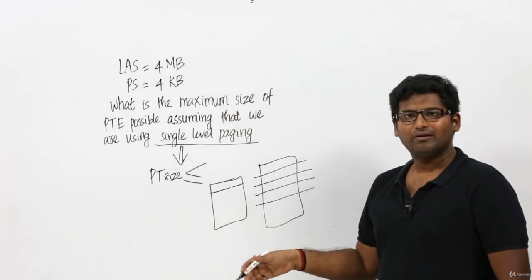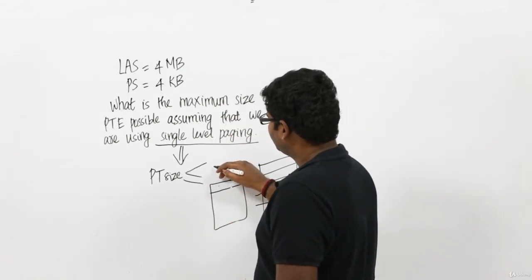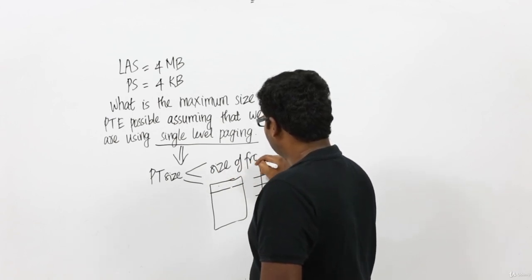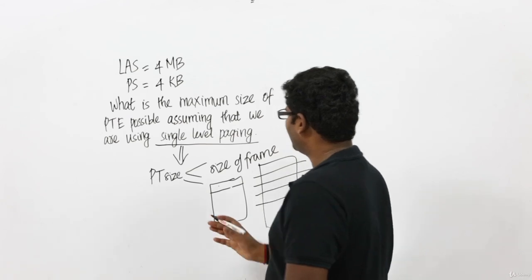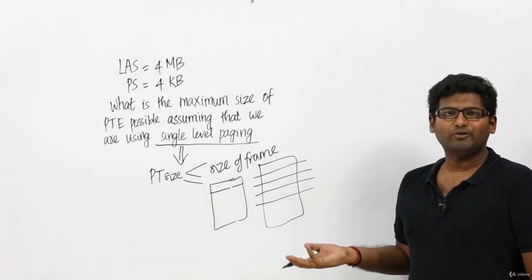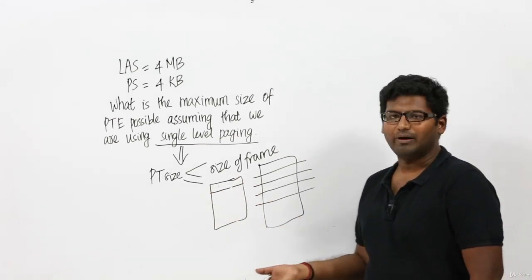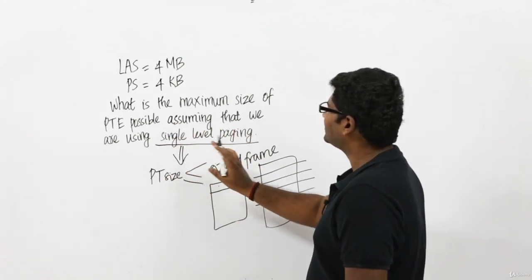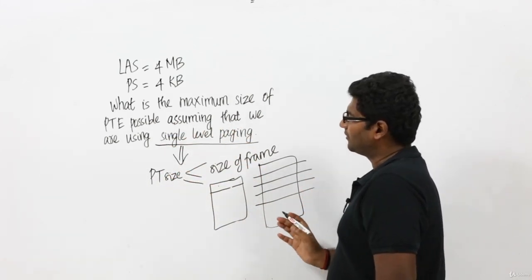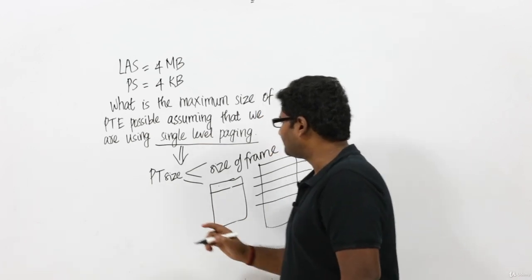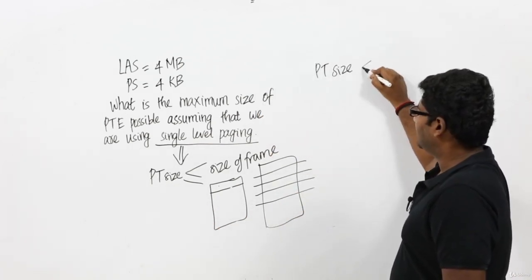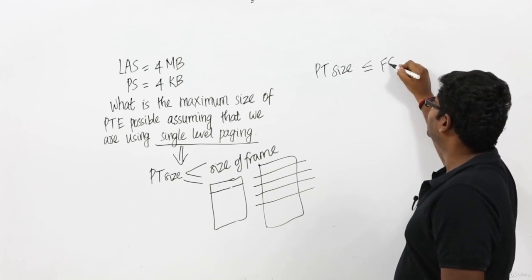It can be either less than or equal to. This should definitely be true. In case this is not true, we can't use single level paging, and we would need multi-level paging. But they have given that we should be using single level paging. Now let's calculate it. The page table size is less than or equal to the frame size, right?